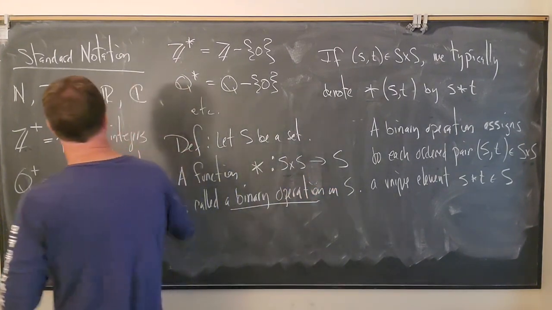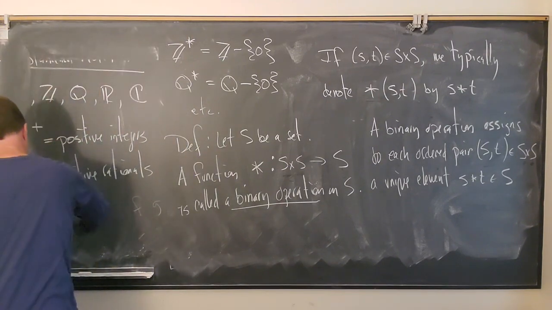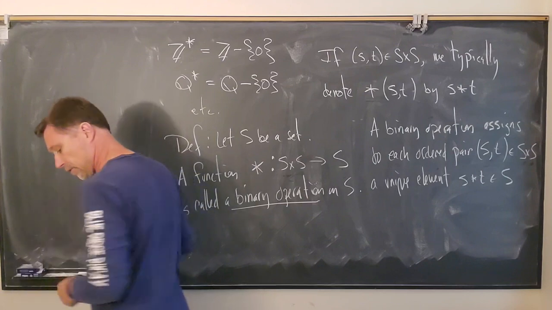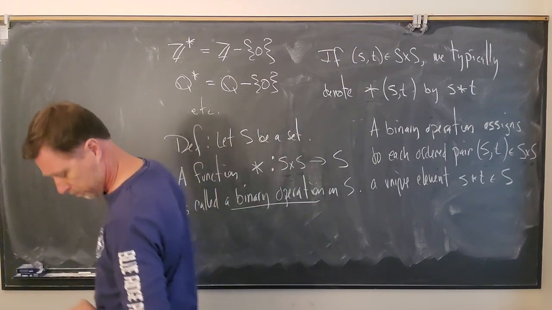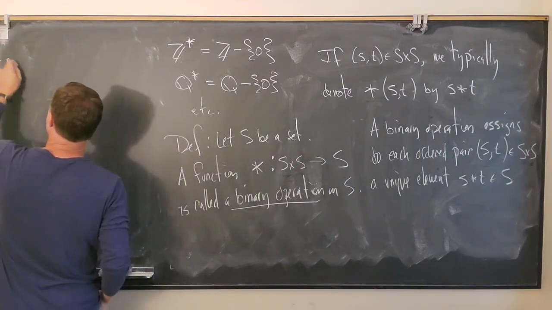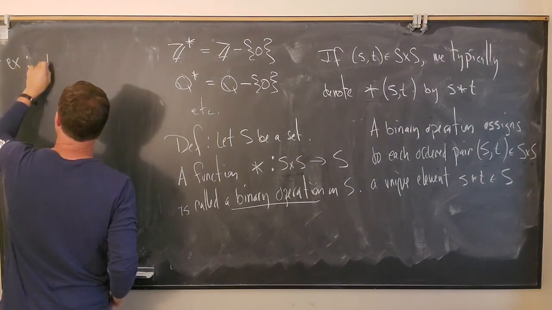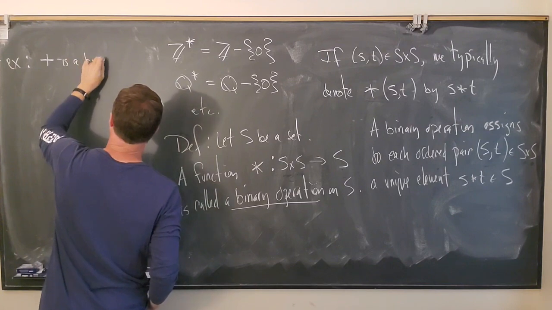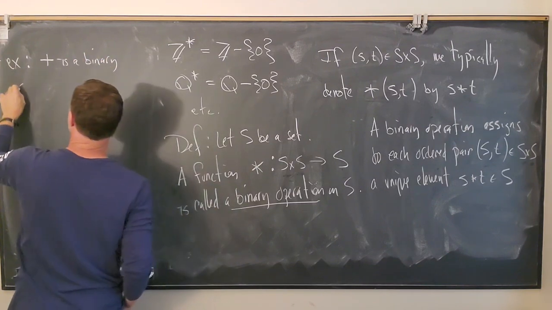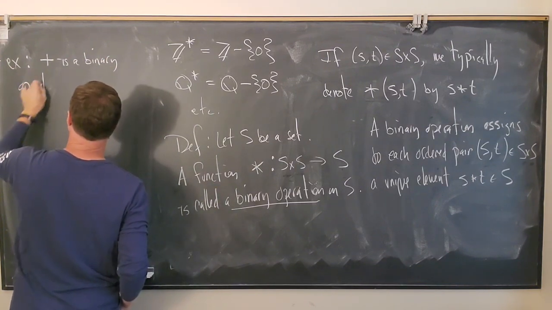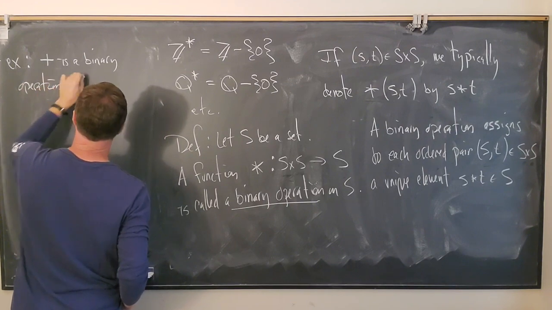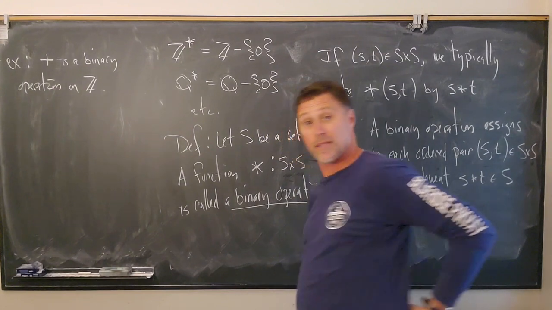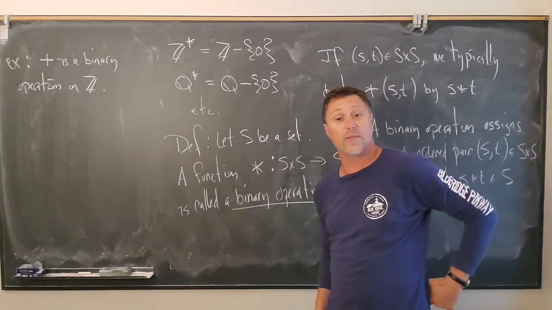Now, you've seen lots of examples of binary operations. So, for example, plus is a binary operation on Z, where plus is the usual operation of addition of integers.